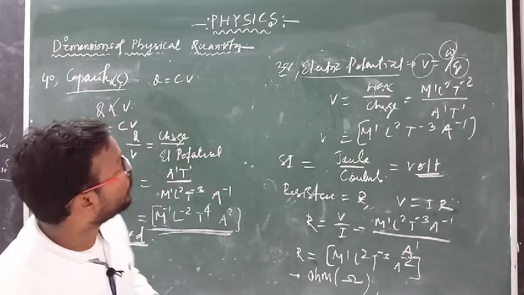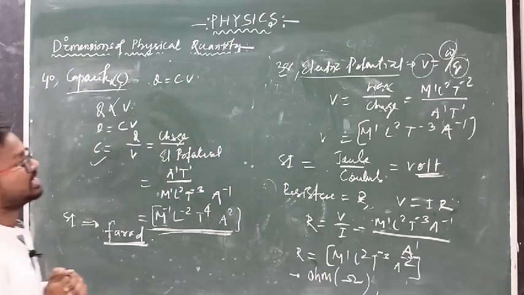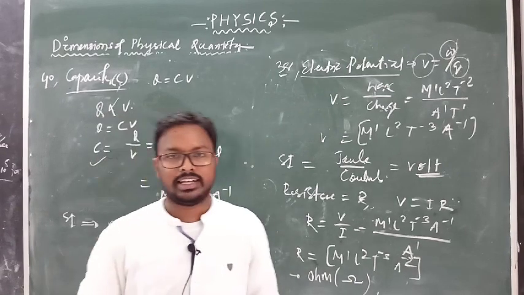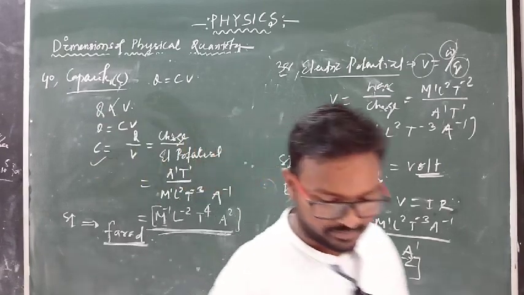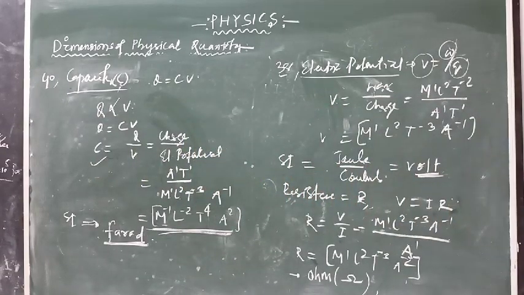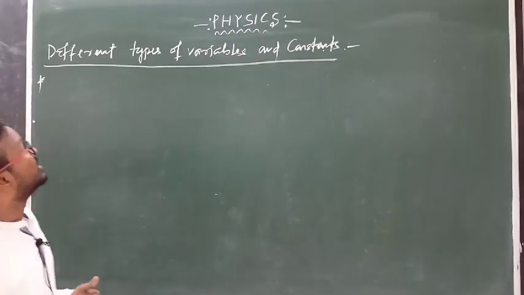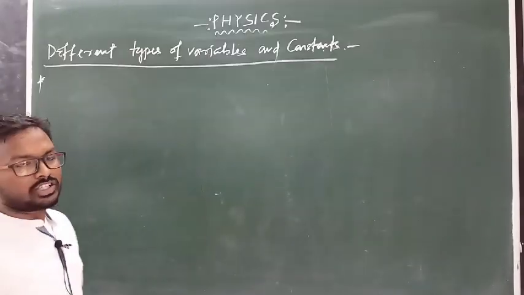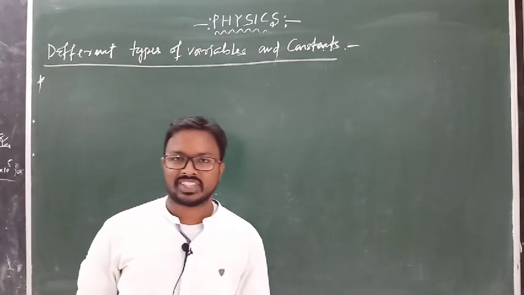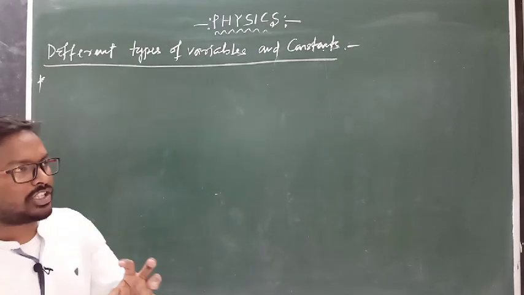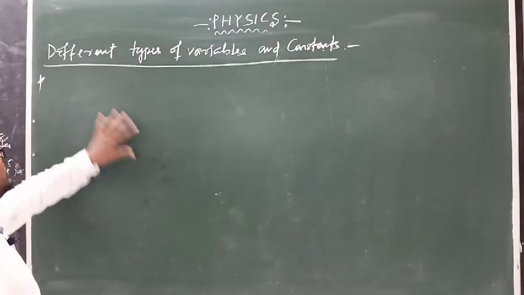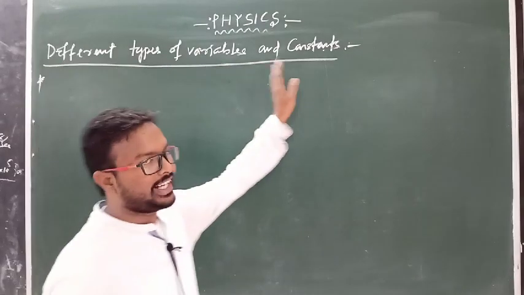So these are the dimensions of different physical quantities. We discussed 40 physical quantities and their dimensions and dimensional formulas. Clear? Now these 40 dimensions and dimensional formulas are divided into 4 categories, that is different types of variable and constant.